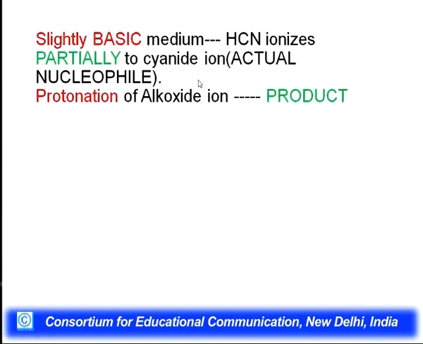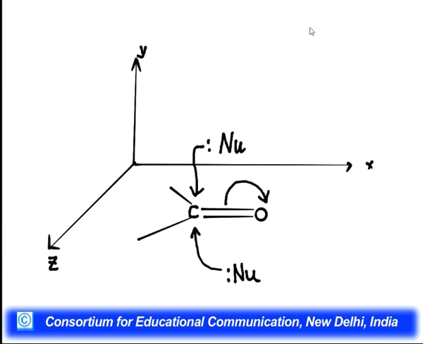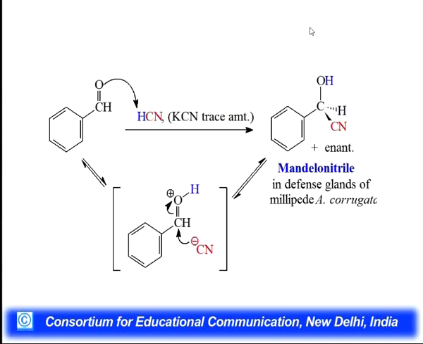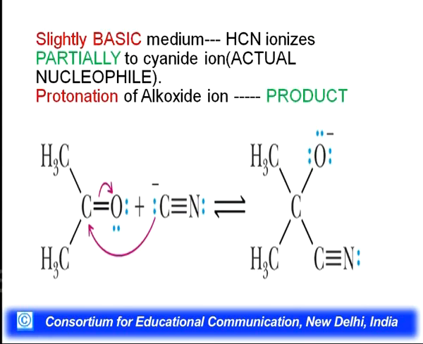But before I wind up, what we know is that in slightly basic medium, it is the cyanide which acts as a nucleophile, which gives us an alkoxide, and on protonation we will get the product. So I have left the question to you, which we shall be discussing in our next lecture.